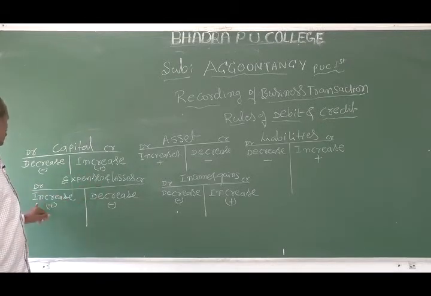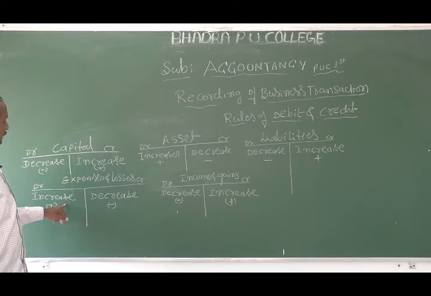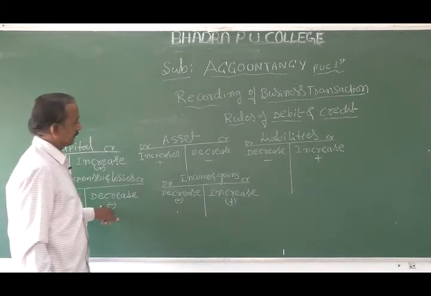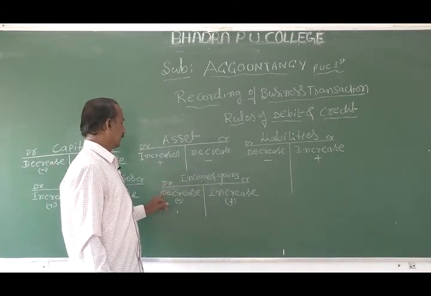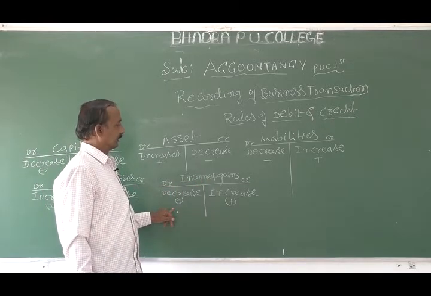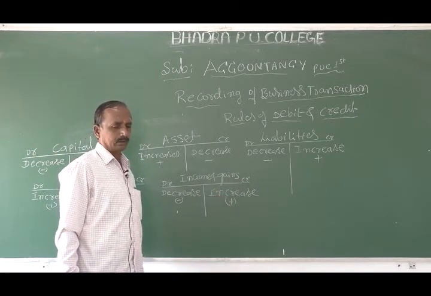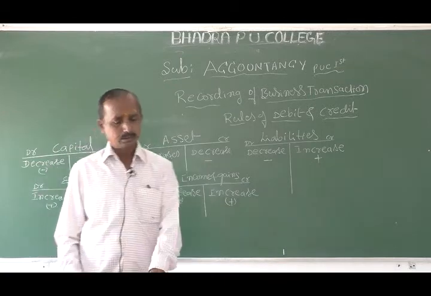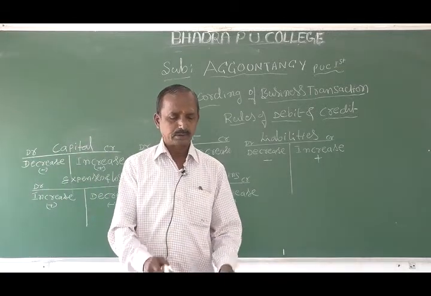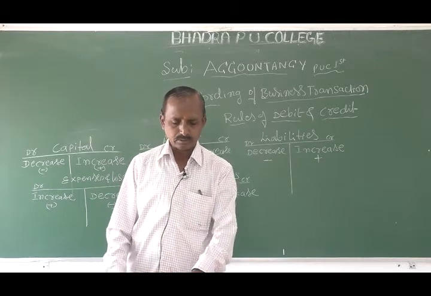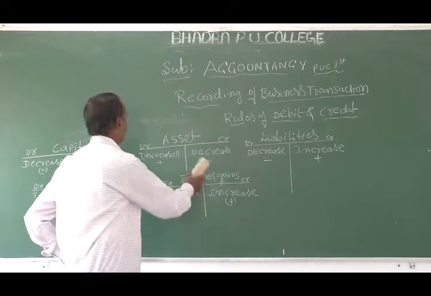Expenses and losses: debit increases the expenses, credit decreases expenses and losses. Income and gains: debit decreases, credit increases. These are the rules of debit and credit of the accounts. Now some examples will be studied on this topic.